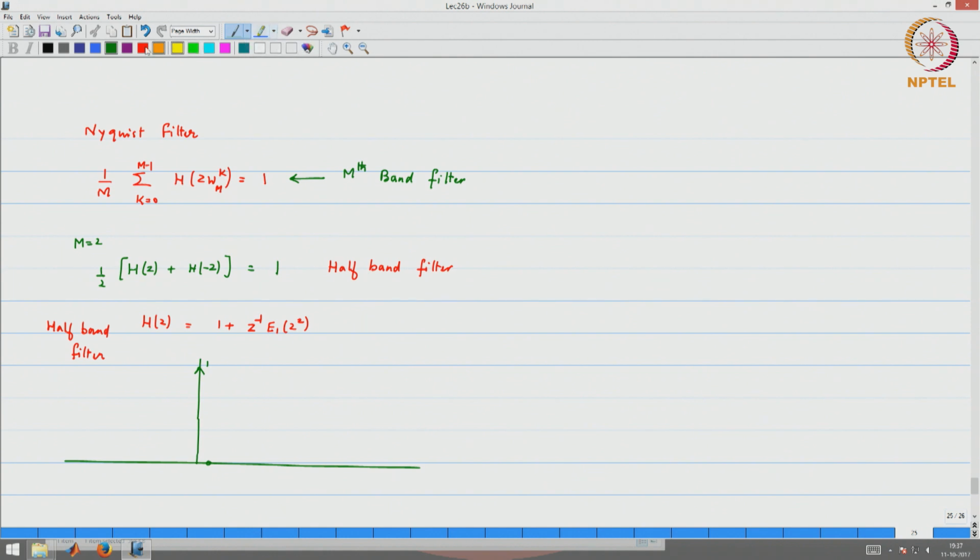So, there will be a non-zero value next, and then it crosses 0, non-zero value, crosses 0, non-zero value, crosses 0. So, this is how a Nyquist filter with pi by 2 as the cutoff will look, because every second coefficient will turn out to be 0.